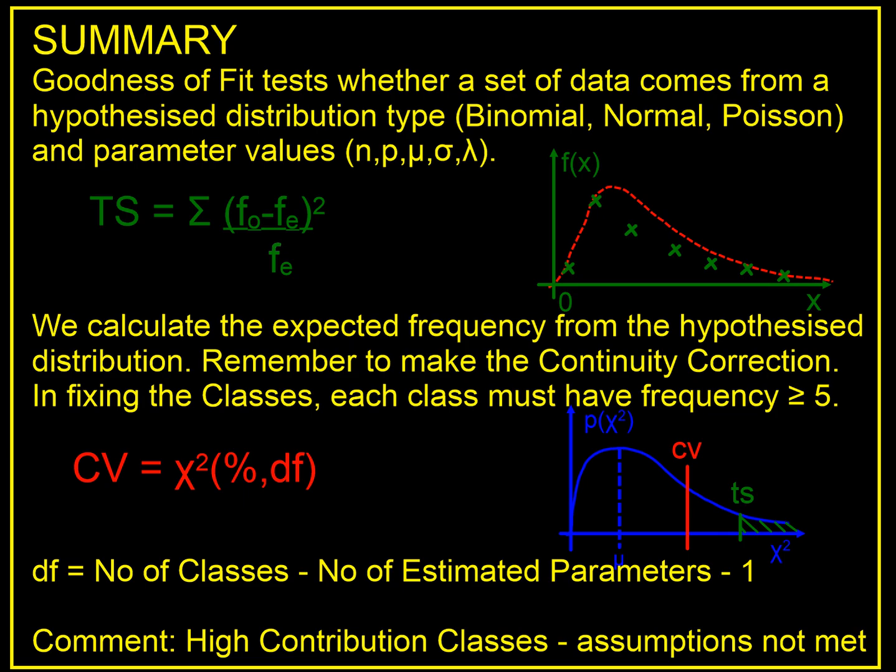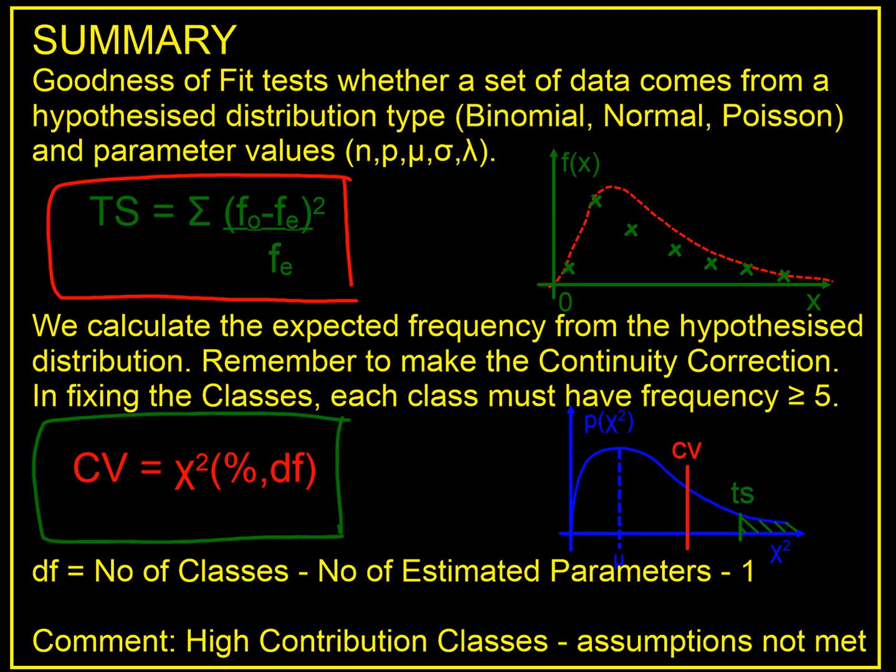Okay, so here's our final comments then. On these tests, we know what we're doing. We're going to calculate our test statistic using that format from the data we've got. So we need our observed frequency and our expected, and we sum them up to get our test statistic. We then get our critical values from the chi-squared distribution.